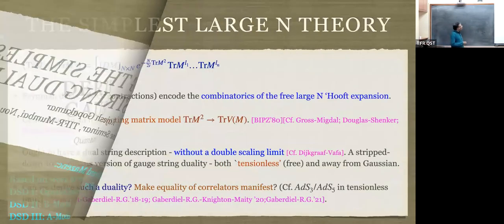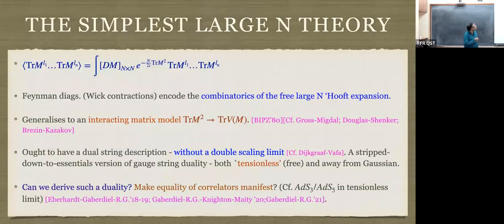I think people would agree that the simplest large N theory is just that of an N by N integral of a single matrix. So you can consider the famous Wigner Gaussian matrix ensemble, and consider this class of gauge invariant observables, single trace observables.